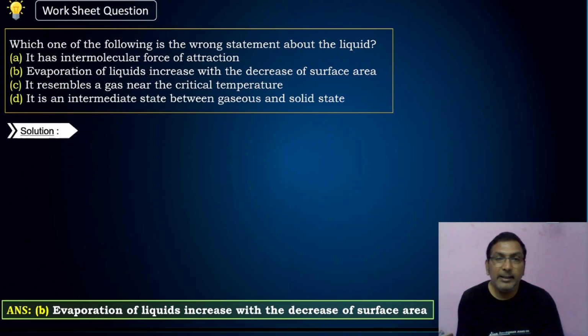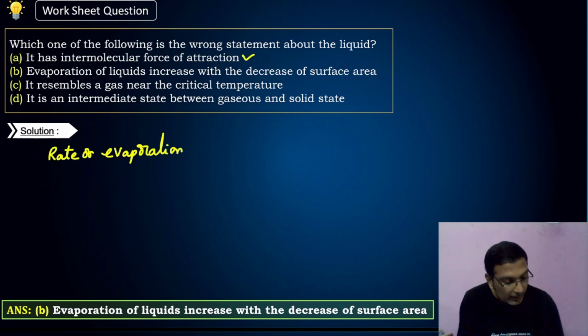So which of the following is the wrong statement about the liquid? First statement, it has intermolecular force of attraction. So there will be force of attraction between layers of liquid. So which is correct statement? Force of attraction is present between two layers. Any two layers. Evaporation of liquid increases with decrease of surface area. So rate of evaporation directly proportional to surface area.